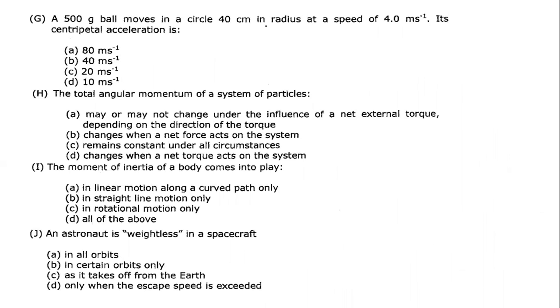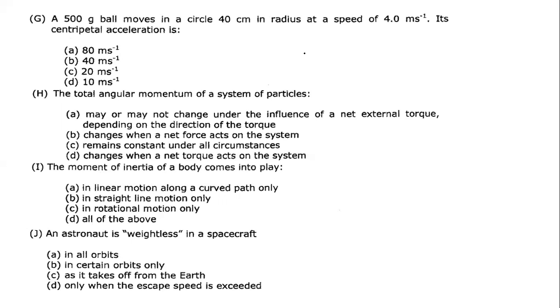So let us have Angela help us read part G, question G. A 500-gram ball moves in a circle 40 centimeters in radius at a speed of 4.0 meters per second.